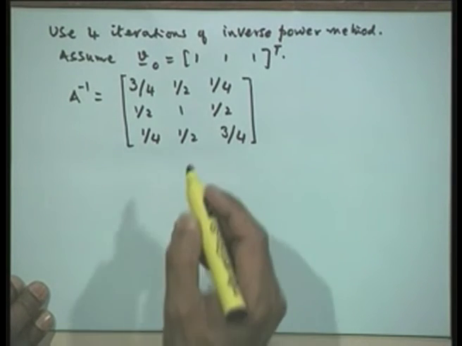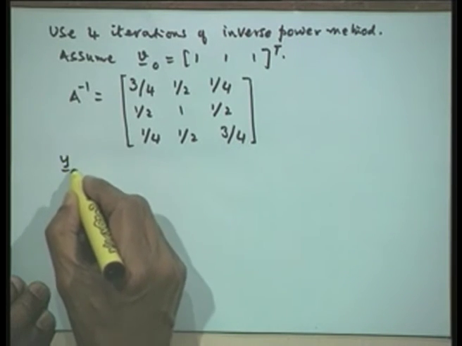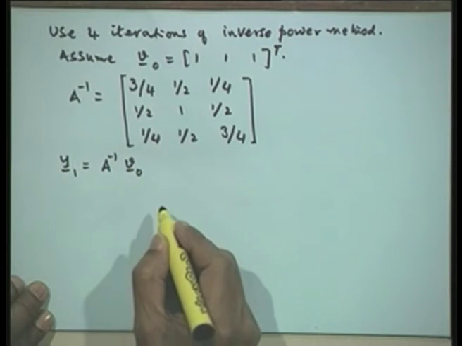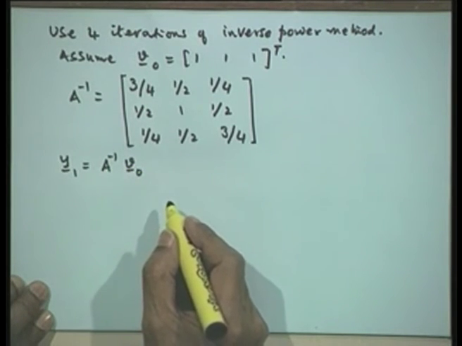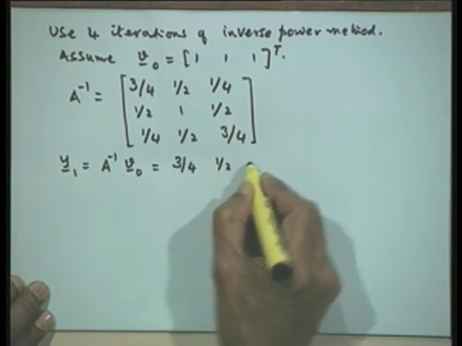Now I am applying the power method on this. Therefore I will determine y1 equals A inverse V0. Let us write down the first step, later I will give the remaining values.